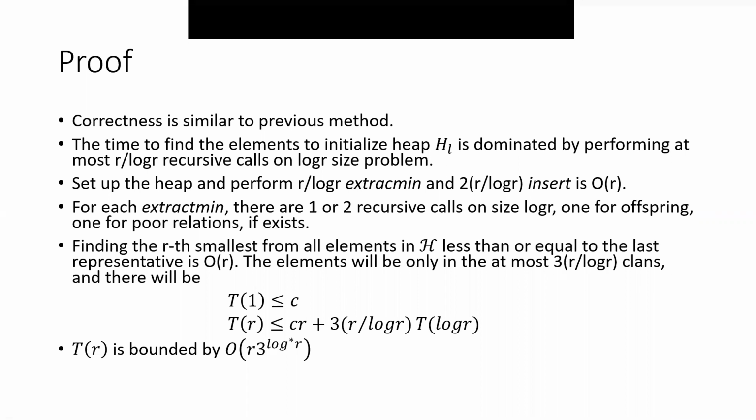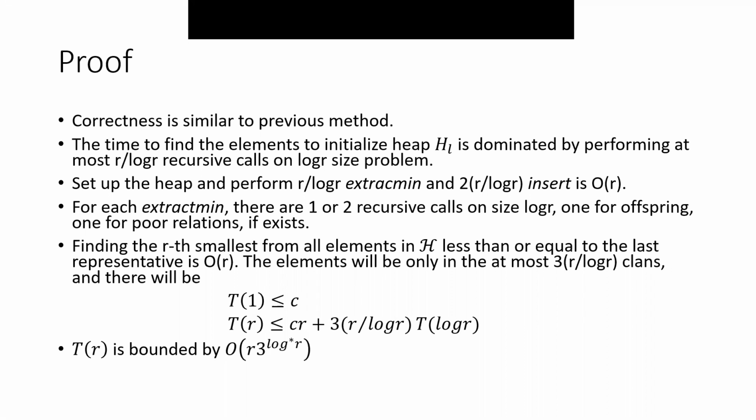The time to find the elements to initialize heap HL is dominated by performing at most R over log R recursive calls on log R size problems. And to set up the heap and perform R over log R extract min and 2 times R over log R insert operations, that time complexity is big O of R.